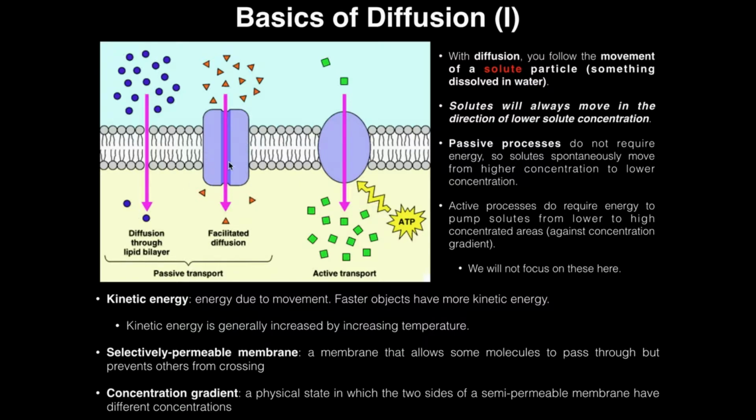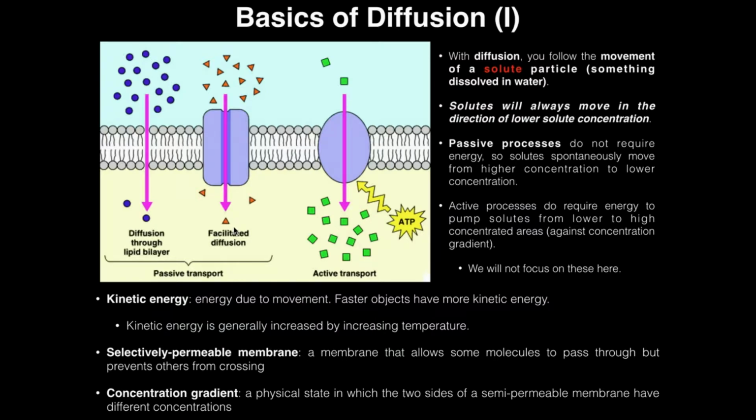In the middle, we have facilitated diffusion. This is another kind of diffusion that requires a protein, but that's not the point. It's still a type of diffusion, and notice, we have these orange triangles, which will diffuse across the membrane from their area of high concentration into the cell where the concentration is low.